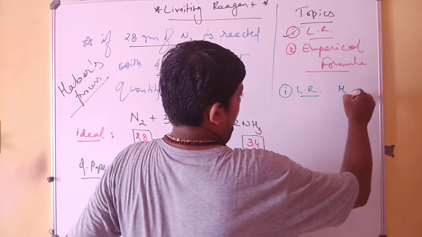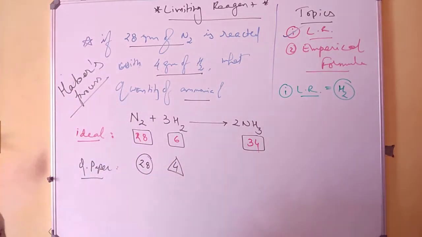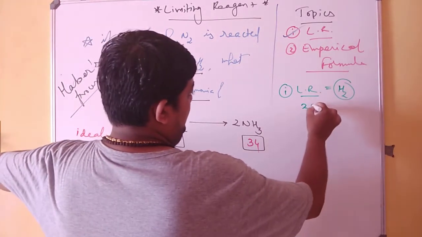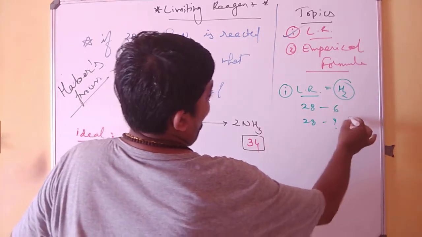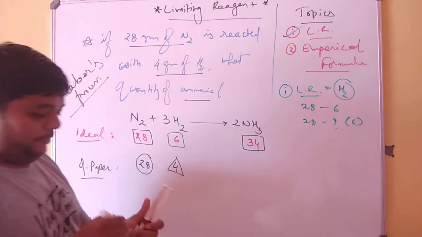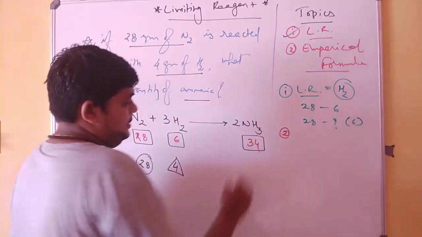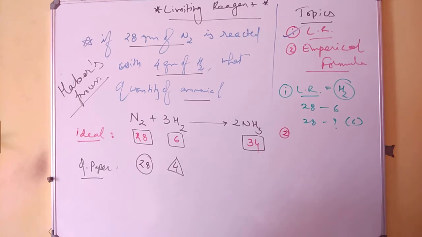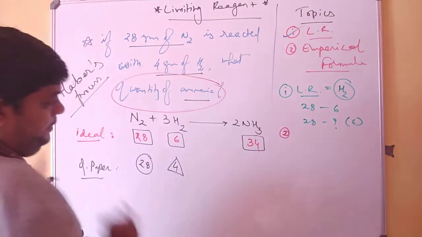So H2 is your limiting reagent. Although let us solve. For 28 you require 6. Your answer is 6. You are given 4. So limiting reagent is H2. The second portion comes now: what quantity of ammonia is obtained.